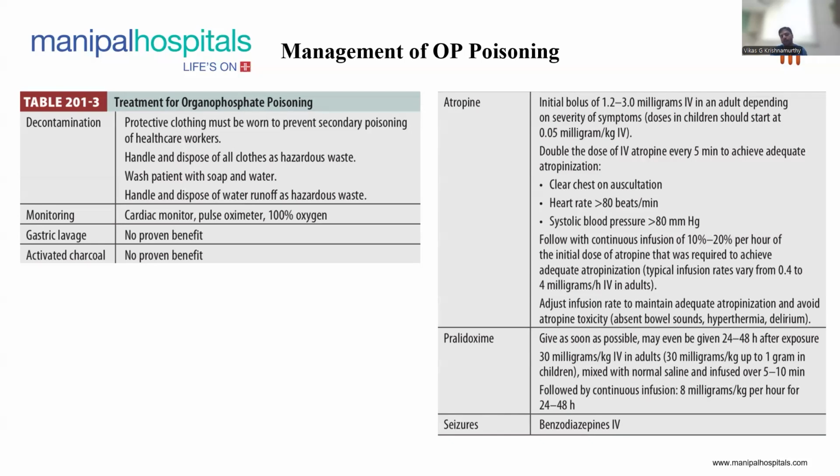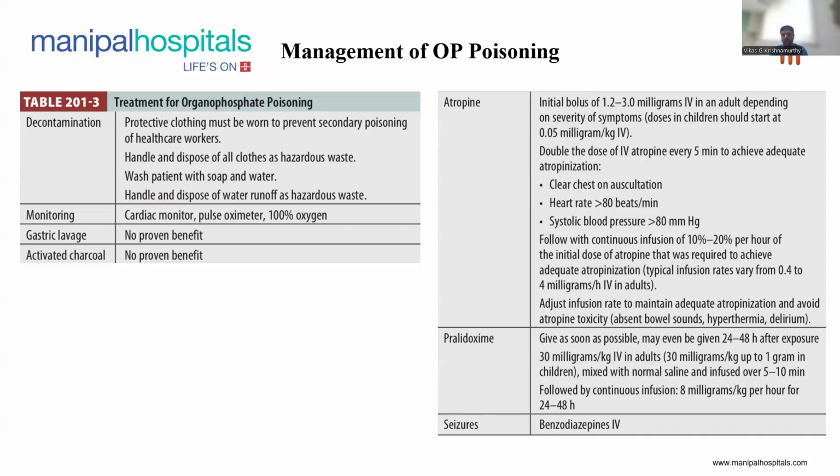The antidote for OP compound poisoning is atropine. The initial bolus dose is 2 to 3 mg IV. Double the dose of IV atropine every 5 minutes to achieve adequate atropinization. What you look at is clear chest auscultation, heart rate more than 80, and systolic BP more than 80. Then comes your continuous infusion, that is 10% to 20% per hour of the initial dose of atropine that was required to achieve adequate atropinization.